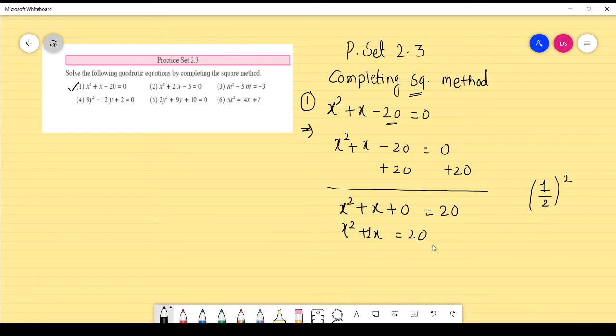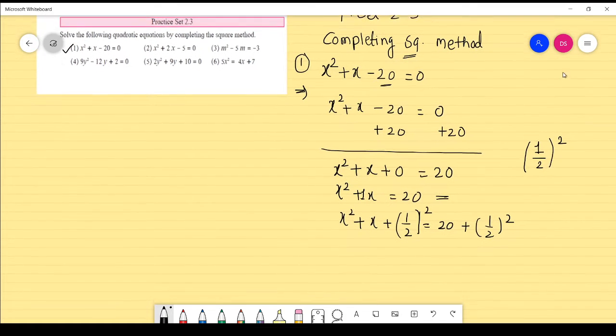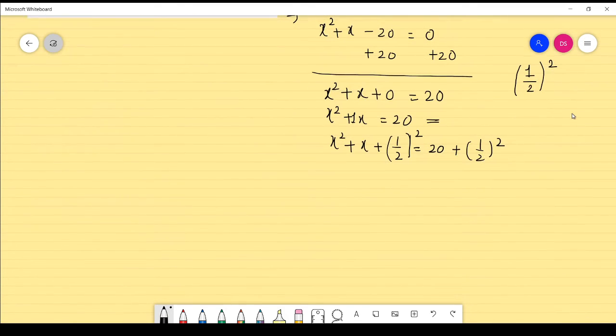So add that square to the equation that we got over here. x square I'm writing as it is, plus x, equal to 20, as it is, and I'm going to add 1 by 2 whole bracket square on both sides. So 1 by 2 whole bracket square I'm adding on both sides, right?